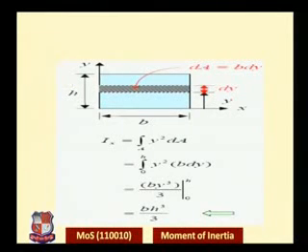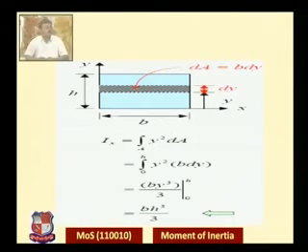As you can see in the figure, the rectangular cross section is given. The b is the width of the rectangle and h is the height of the rectangle, and we want to find out the MI of this rectangle on its base.